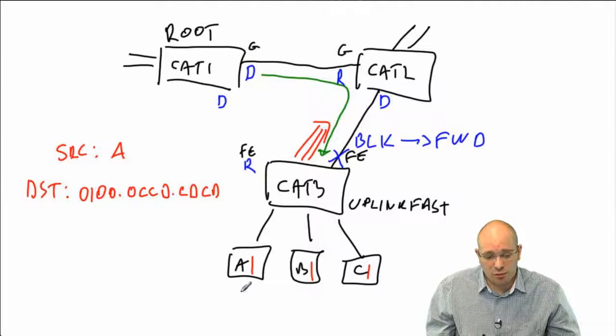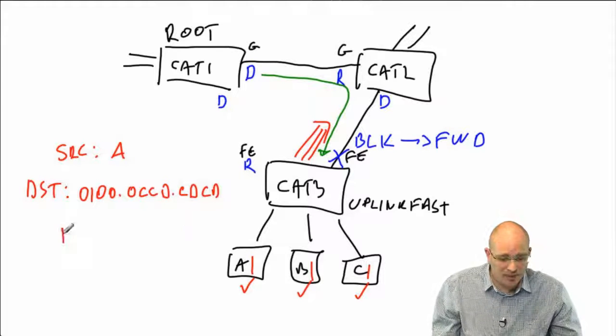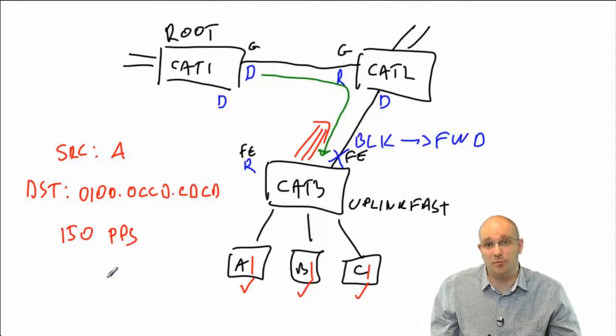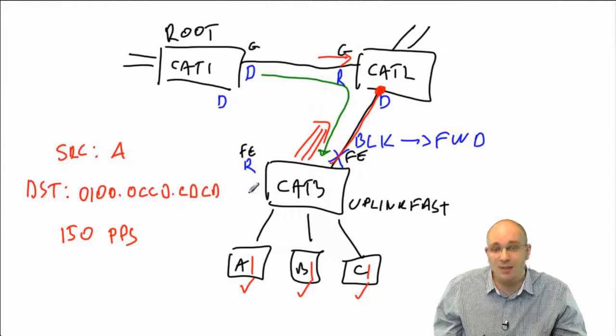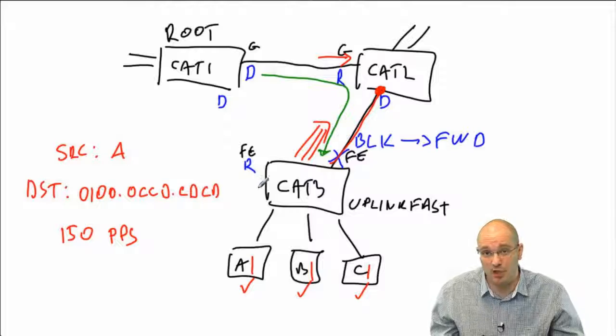It is also going to do this for A, B, and C. By default, this will be sent at the rate of 150 packets per second. The reason for this is that we want Cat2 to actually learn these MAC addresses and unlearn these MAC addresses from this port.